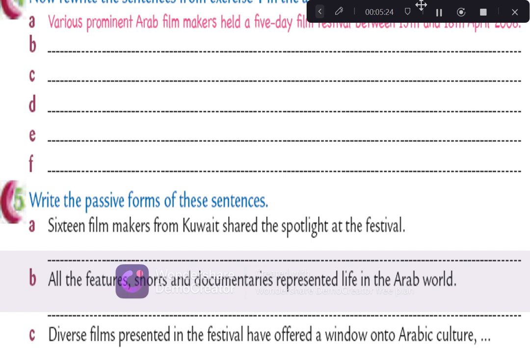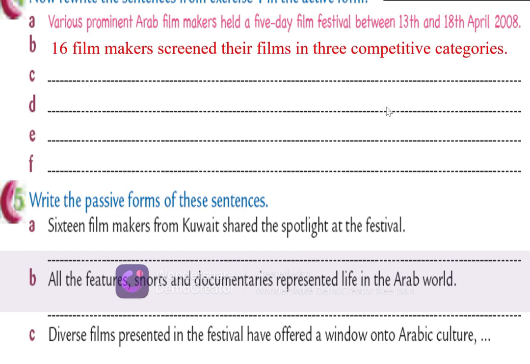Now, let's practice and change the following sentences. Rewrite the sentences from exercise 1 in the active form. First one, various prominent Arab filmmakers held a 5-day film festival between 13th and 18th April 2008. 16 filmmakers screened their films in 3 competitive categories.